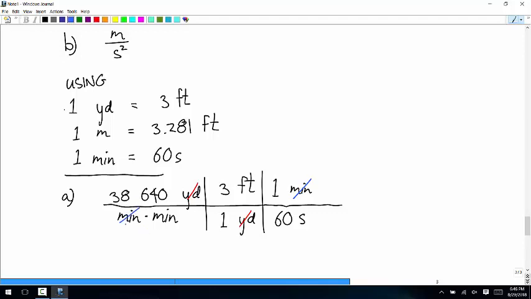You can pick one or the other, but what that means is we're not done yet. Even though we've done a conversion from yards to feet, and we've done a conversion from minutes to seconds, if we multiply these numbers out now, we have units of feet per minutes times seconds. So we're going to have to use this conversion one more time to cancel out the second minutes.